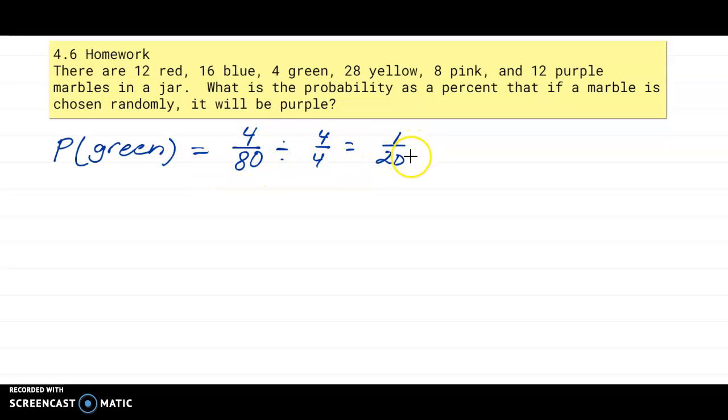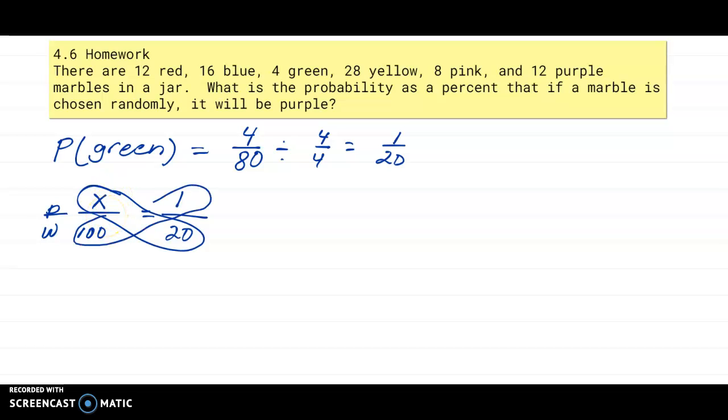Now I need to get a percent for that. So I'll solve it the way that they're showing us in the homework by setting up a proportion. So part over whole. 100% is the whole amount of percent. 20 is the part, or excuse me, the whole amount, and 1 is the part, and x is what we're looking for.